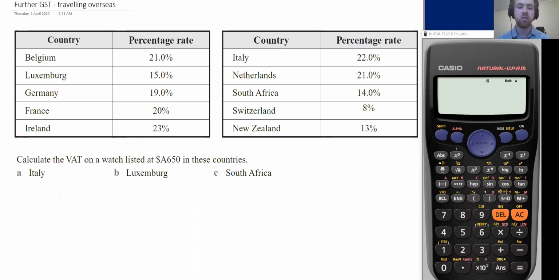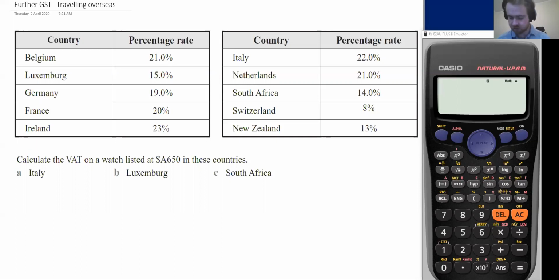But you can see here, Switzerland is one example of a country that has a GST of less than 10%. But this makes calculations a little different. So today we're going to be looking at how we calculate the pre-GST, the post-GST, the including GST, the price without GST for different GST rates.